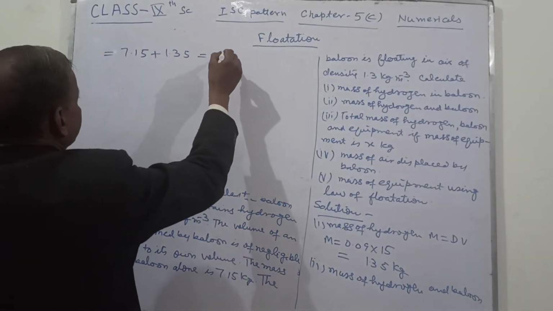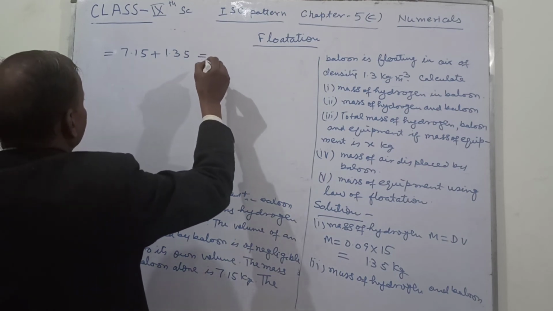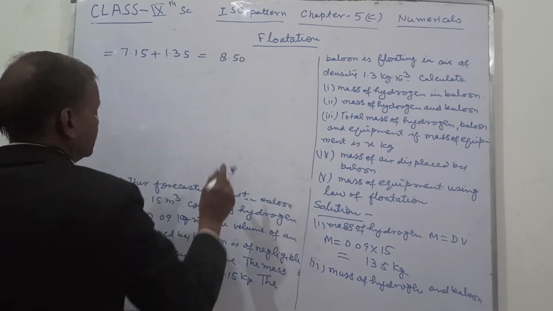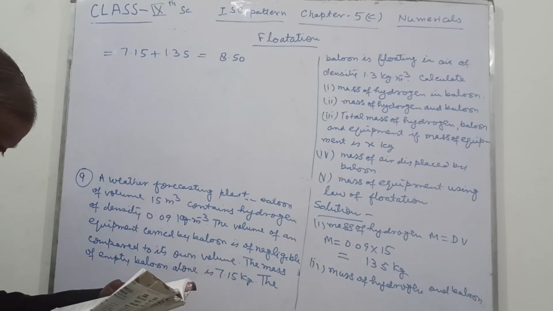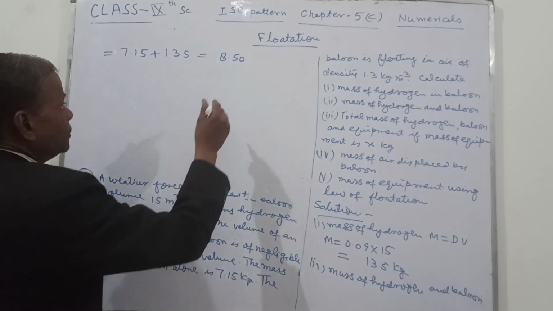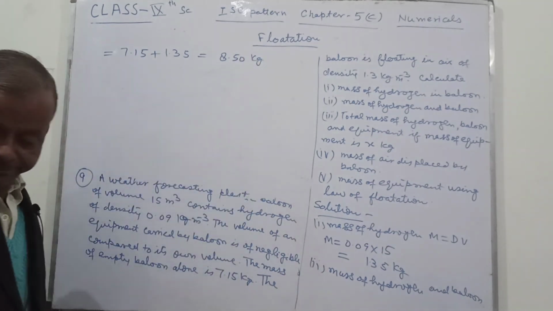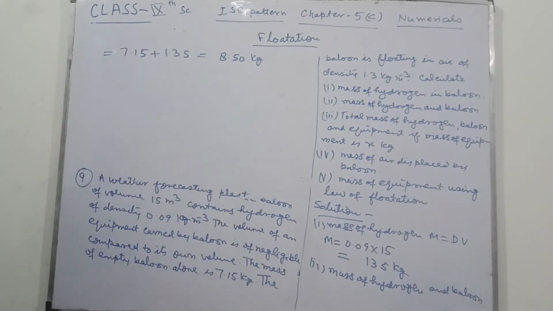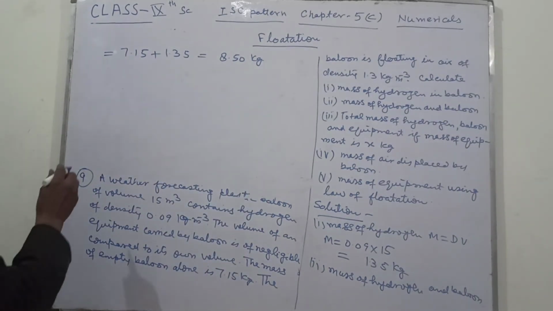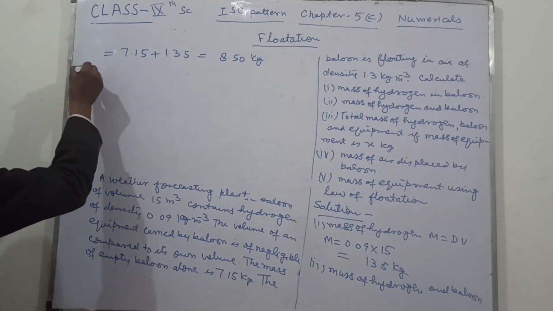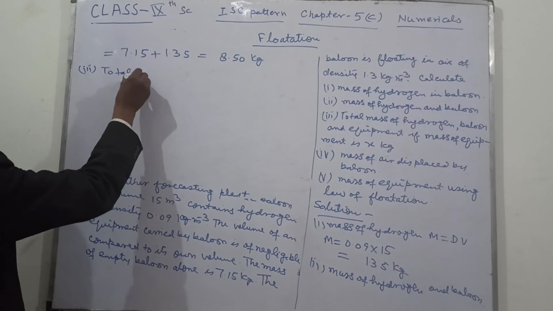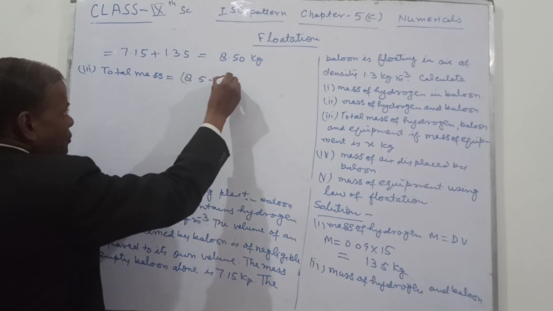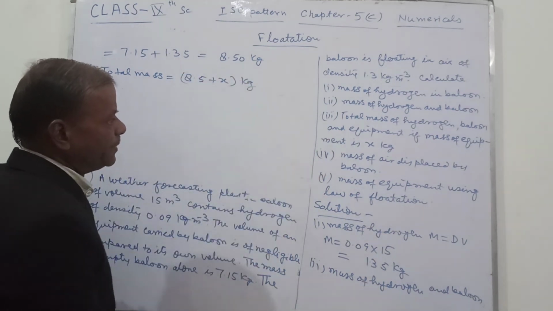So this is 8.50, or this is now 8.5 kilogram. And then the third part: total mass is equal to 8.5 plus x kilogram, x the mass of the equipment.